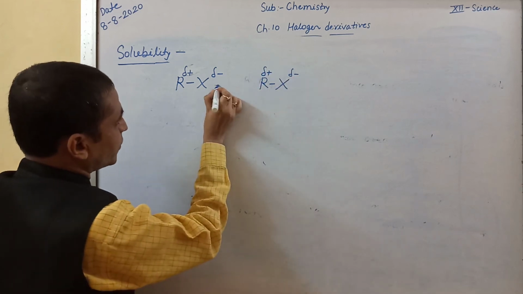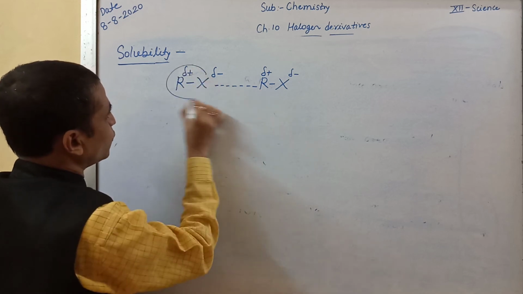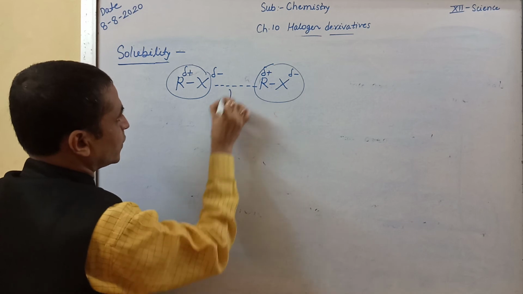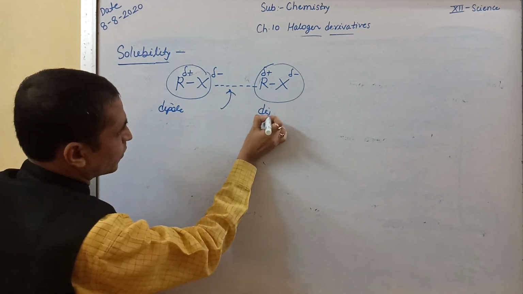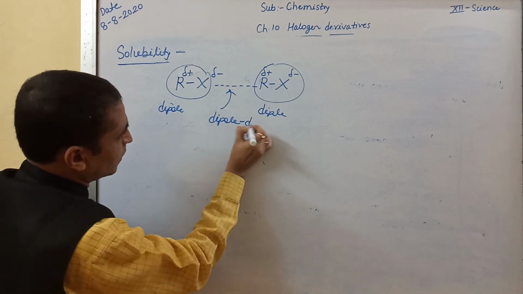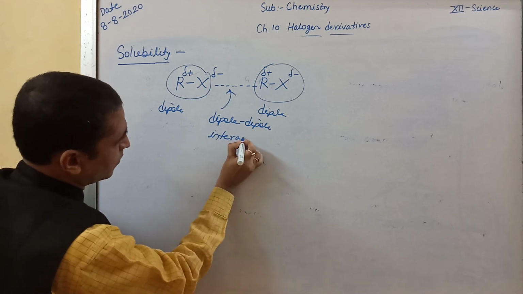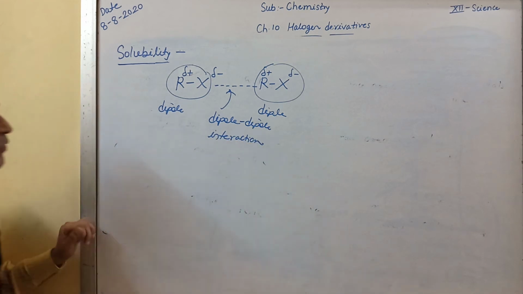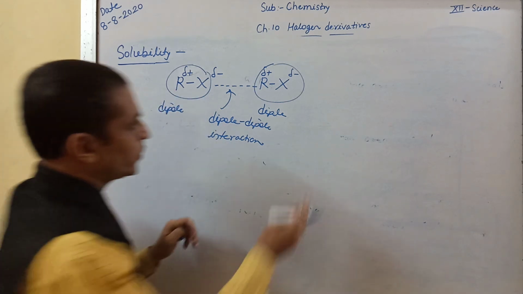The attraction between these two molecules, see, it is a dipole, it is also a dipole. So this attraction is called dipole interaction. And you know that alkyl halide is polar in nature, that we have already studied.